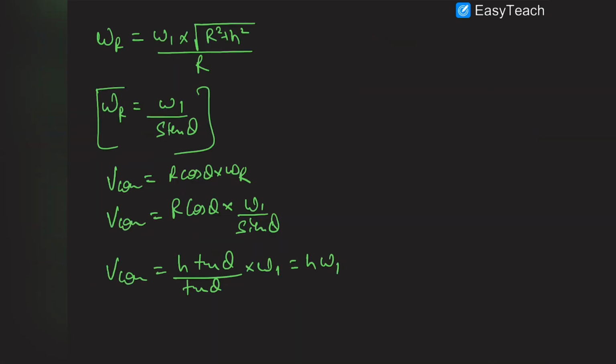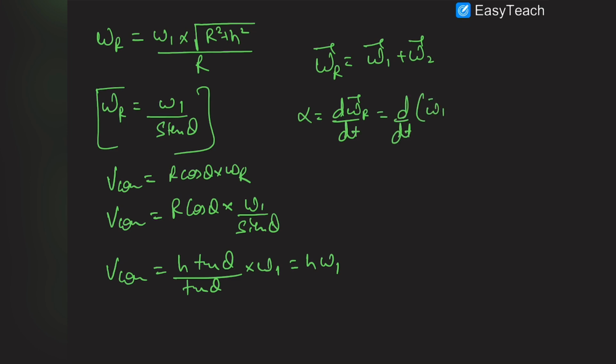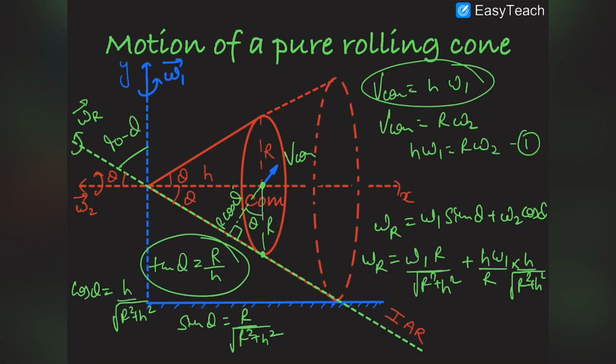So if I write down that omega resultant is equal to the vector sum of omega 1 and omega 2, and alpha would be d omega resultant by dt. So alpha would be equal to d by dt of omega 1 plus omega 2. So you can see that this omega 1 is not changing in direction as well as it is constant in magnitude.